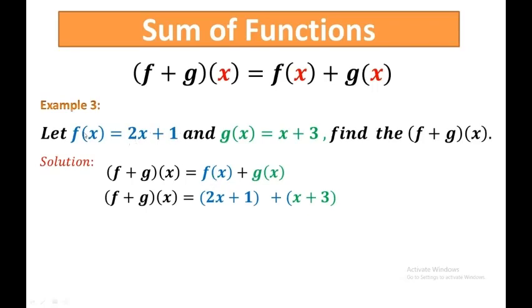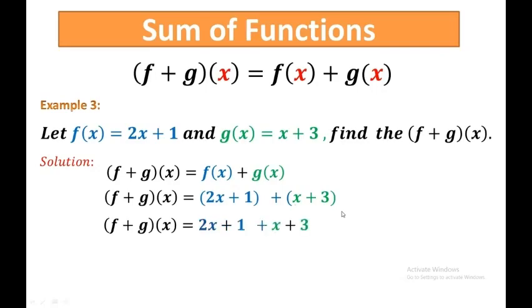This is the given value of f of x. So 2x plus 1 plus another function, g of x, which is x plus 3. So we have now 2x plus 1 plus x plus 3.